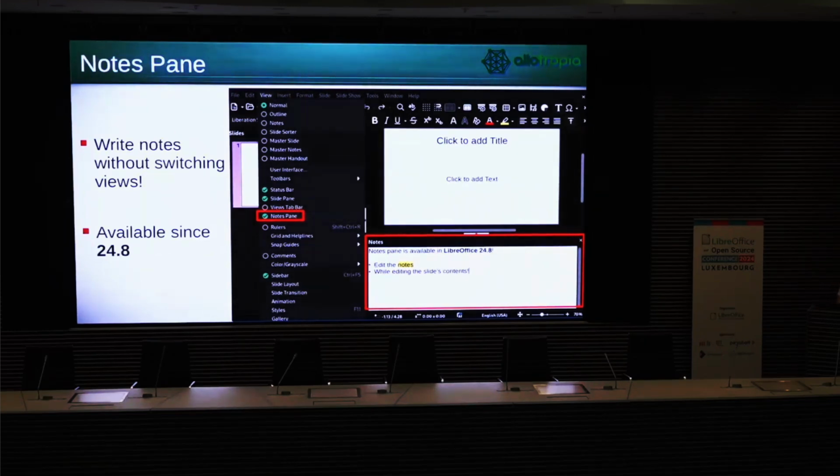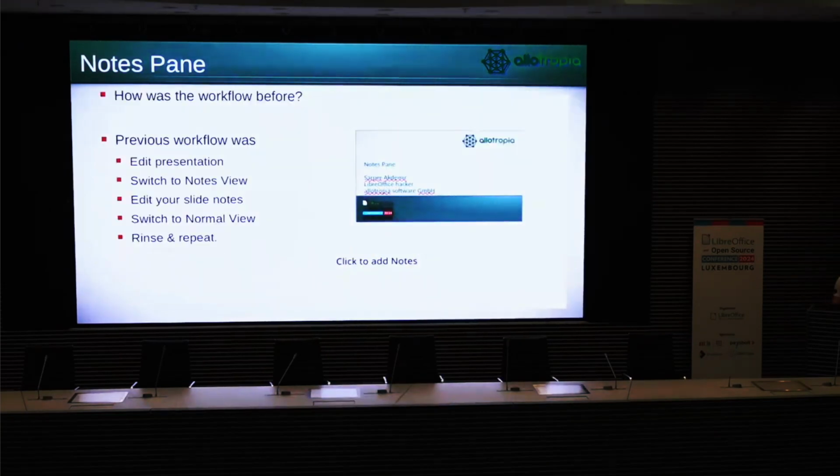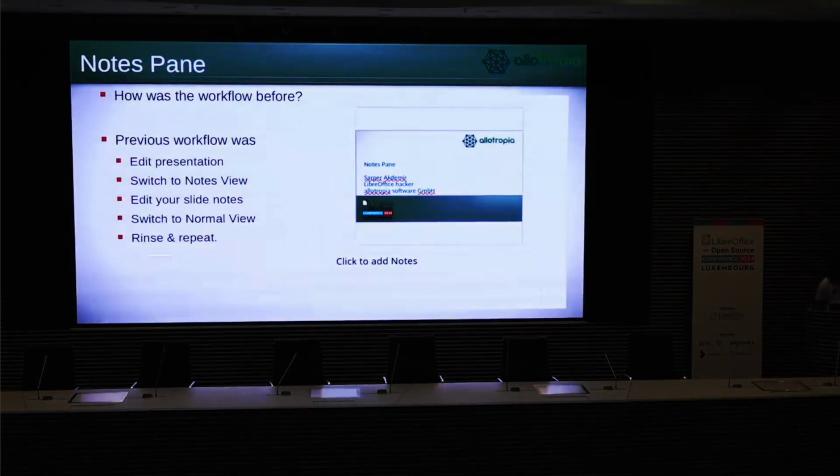So what was the workflow before this? There were notes in Impress, but they are still there, by the way. Both this notes pane and the previous notes edit mode coexist together now. The previous workflow was you edited your presentation, then you changed the view mode to notes view.